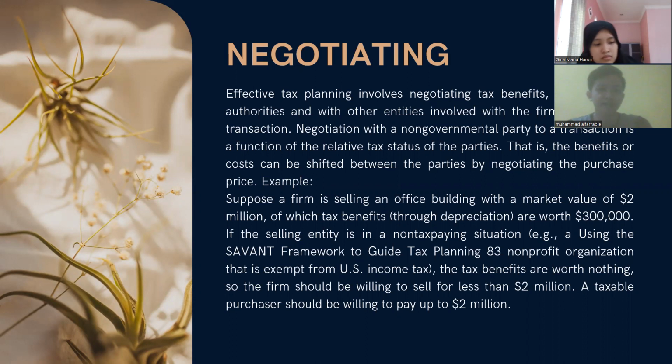If the selling entity is in a non-tax-paying situation, for example, a non-profit organization that is exempt from US income tax, the tax benefits are worth literally nothing. So the firm should be willing to sell for less than $2 million. And then a taxable purchaser should be willing to pay up to $2 million.